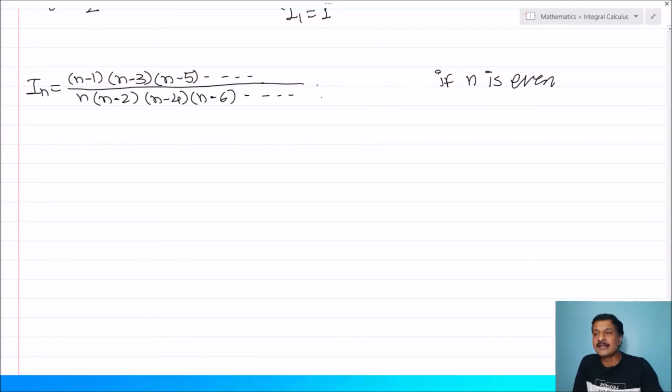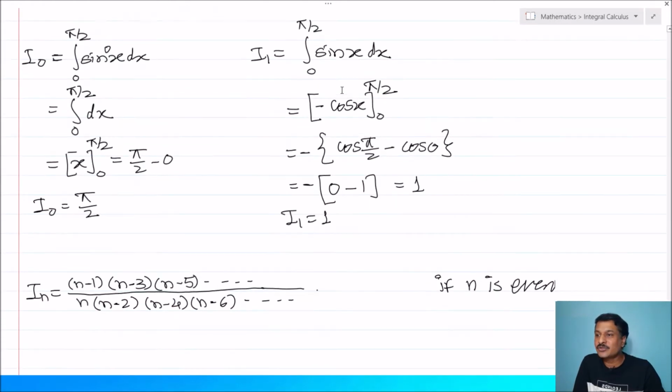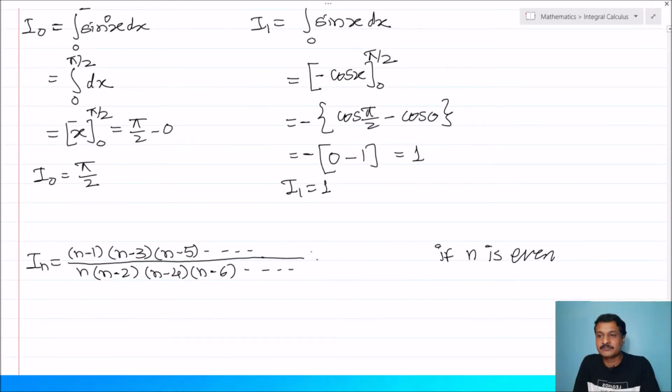So what is the value of this if n is even? It is I0, and I0 is pi by 2. So I am getting here pi by 2. Note that if n is even, then n minus 1 is odd. So odd, odd, odd, so the numerator contains odd numbers. So finally I will get 1, and here I will get finally 2.